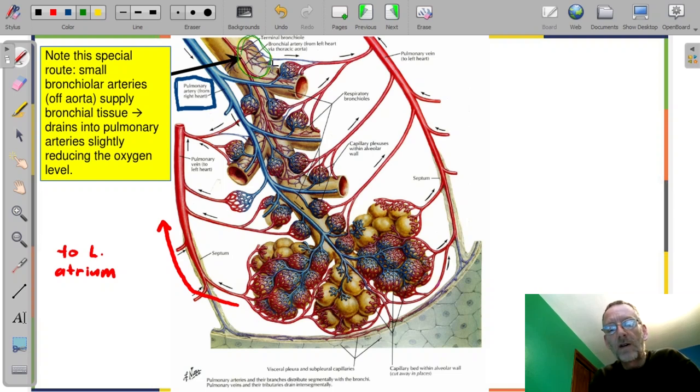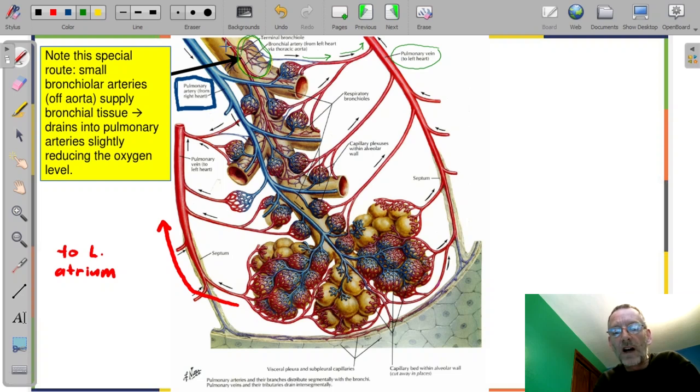A significant amount of that blood, which is a small volume to begin with, granted, exits, drains those capillaries, and merges back with the oxygenated blood in the pulmonary veins. So this is low oxygen from this bronchial circuit.